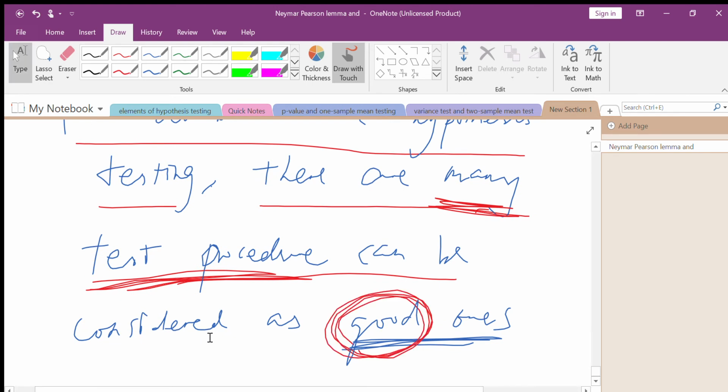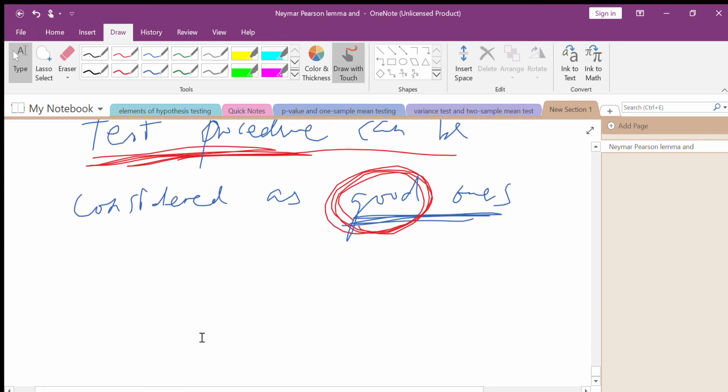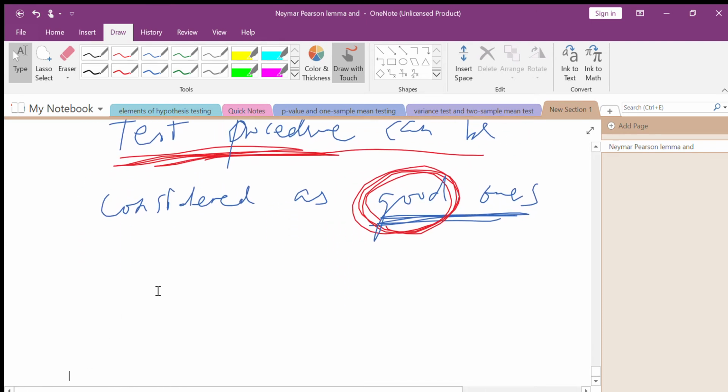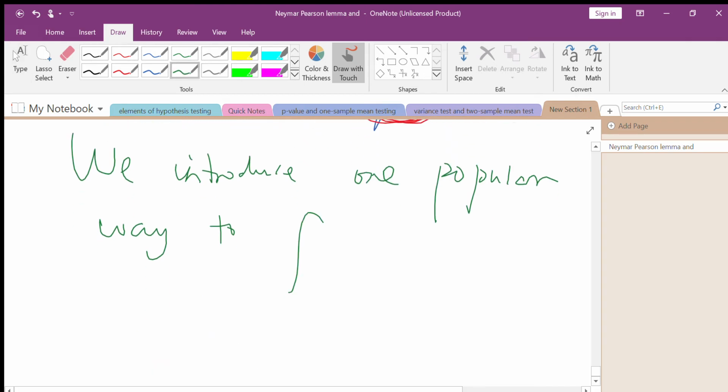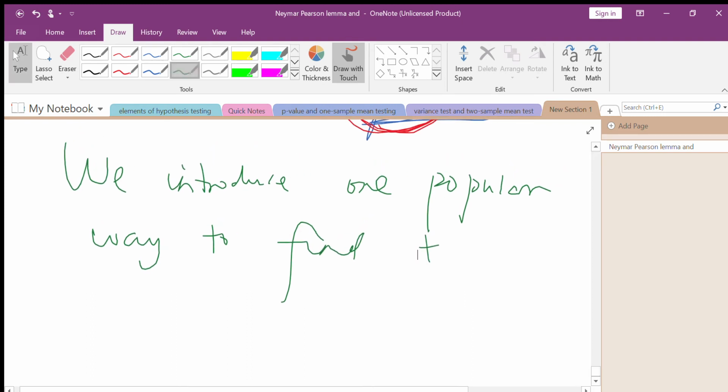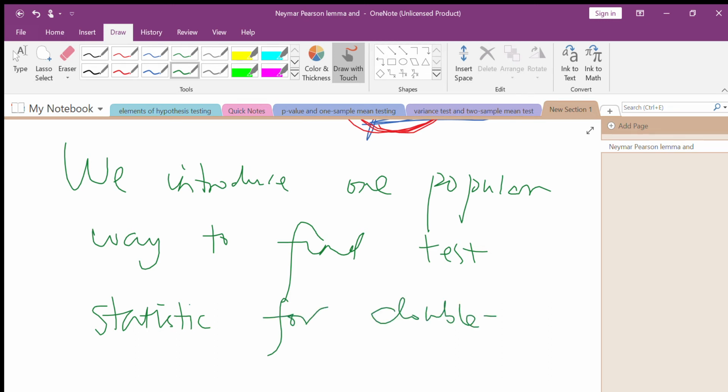So since there are so many candidate test statistics that can be considered, we introduce one popular way to find a test statistic for double-sided testing.